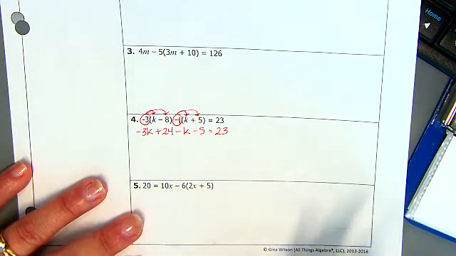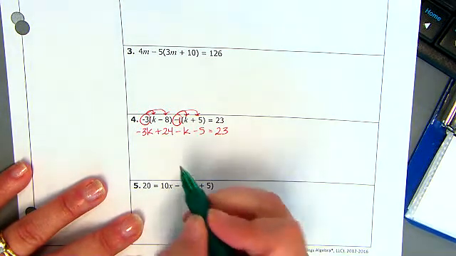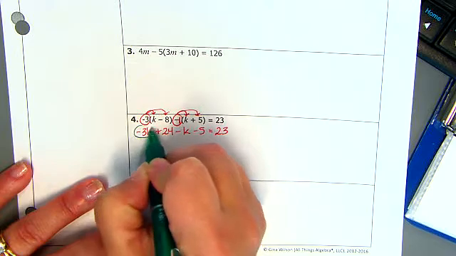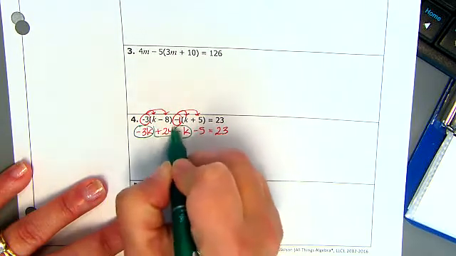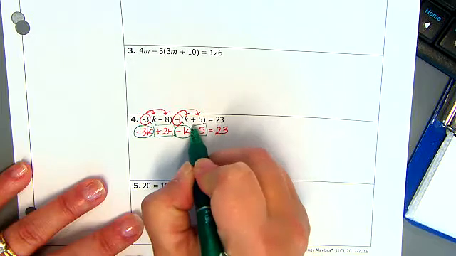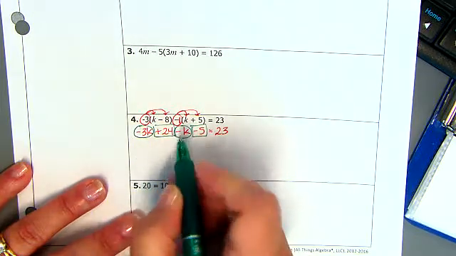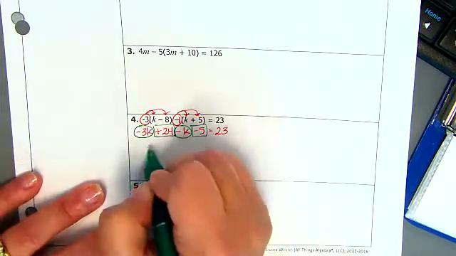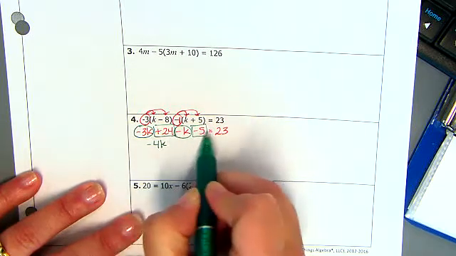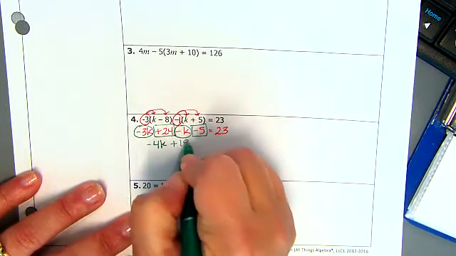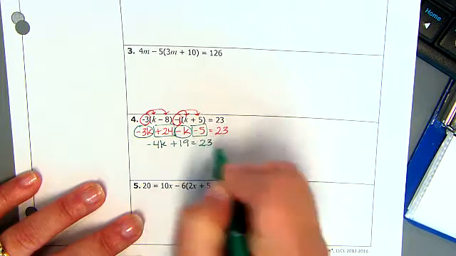We've done all the distributing. Now we combine like terms. So I'm going to circle my variable terms, and I'm going to box my constants. Negative 3k minus k, those are like terms, so that's a negative 4k. 24 minus 5 is a positive 19, equals 23.